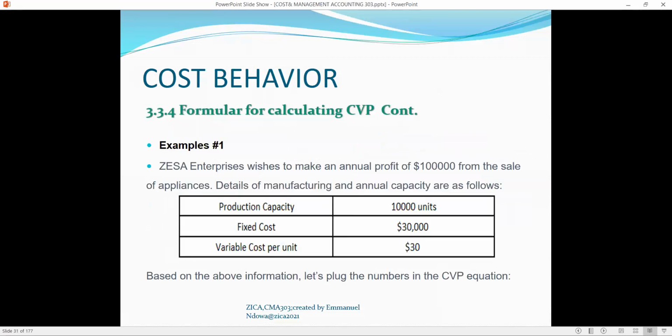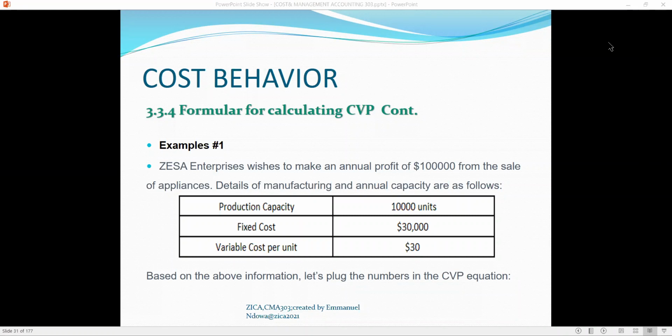So our example number 1 says, Zesa Enterprises wishes to make an annual profit of 100,000 from the sale of appliances. Details of manufacturing and annual capacity are as follows. We have got the production in units, which is 10,000 units, fixed costs, which are 30,000, and the variable cost per unit, which is $30.